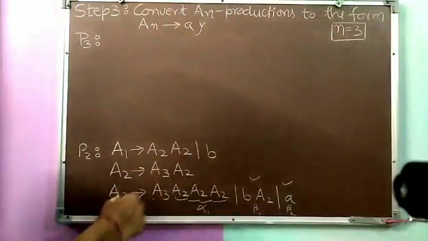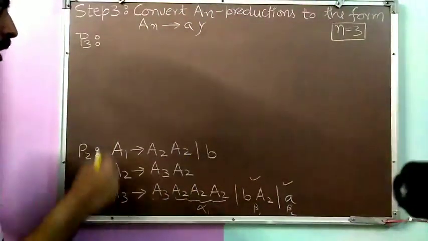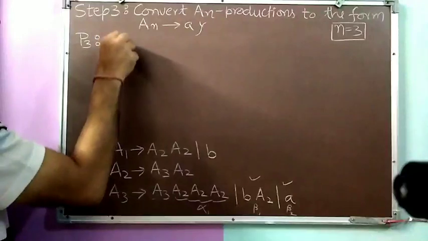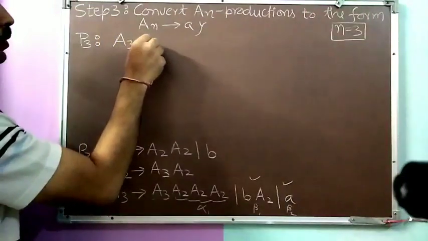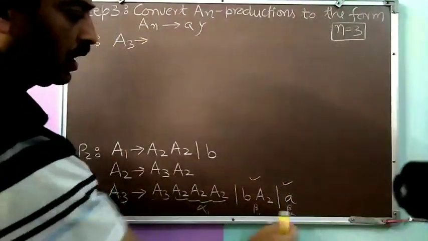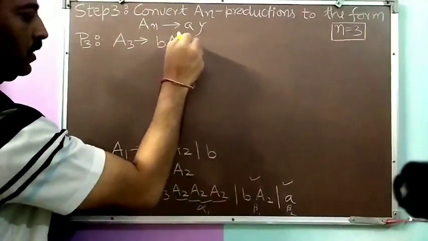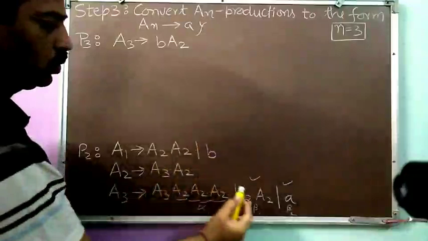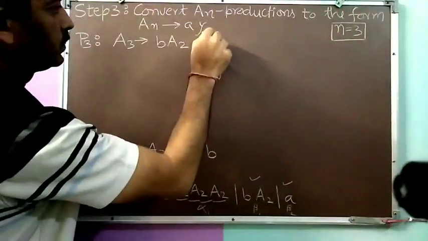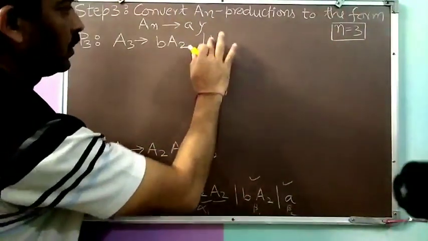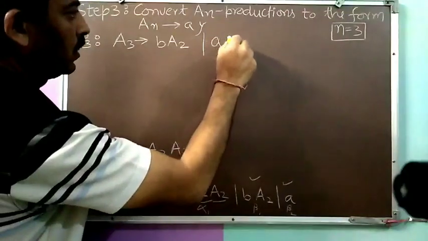Now the A3 productions as per lemma 2 will be A3 to the beta i's. So beta 1 is B A2 oblique, and the other is A, the same one.